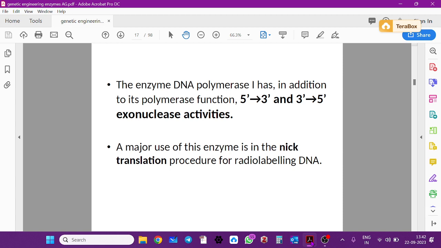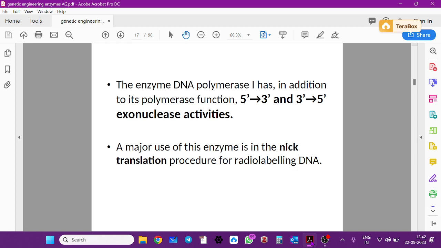So 1 in 100 million to 1 in 1 billion is the chance of an error in a perfectly proofread DNA polymerase. Although Taq polymerase, the PCR enzyme which we use at high temperature, has a very high mutation rate, 1 in 10,000. That's bad.